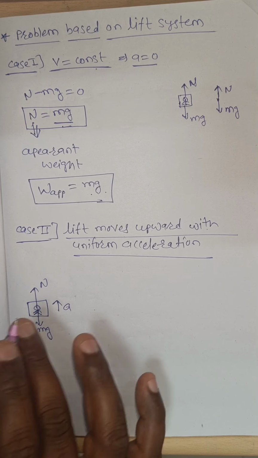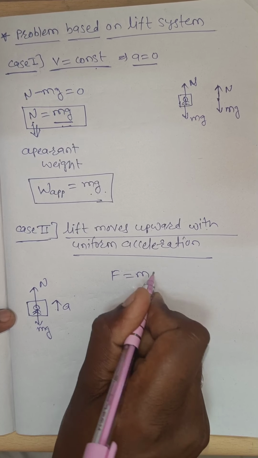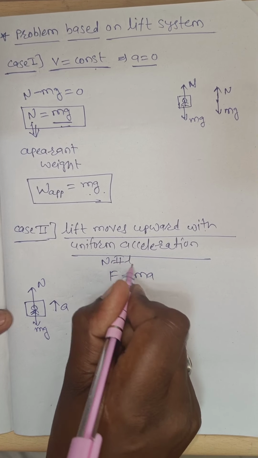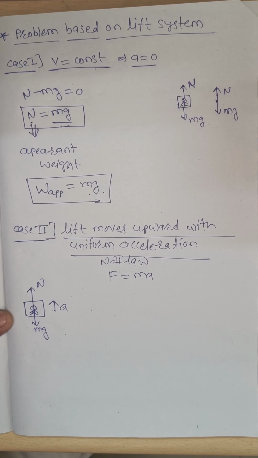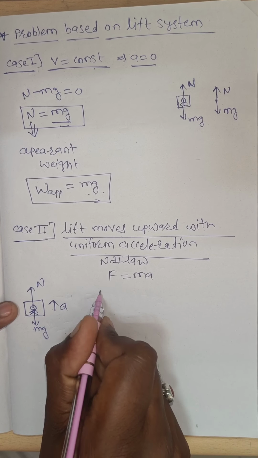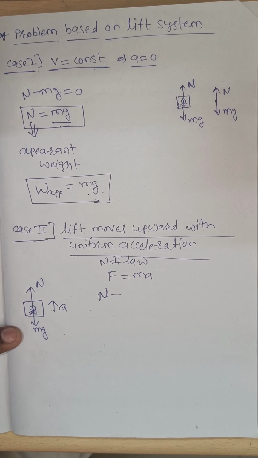Therefore the net force acting on that person is F equals ma. Apply Newton's second law, F equals ma. How many forces act on that person? The normal reaction force is in the upward direction and the gravitational force is in the downward direction.